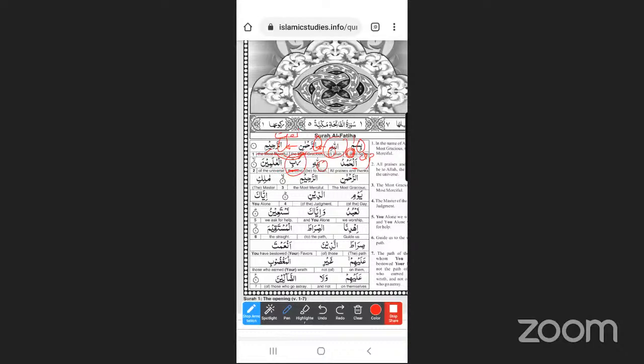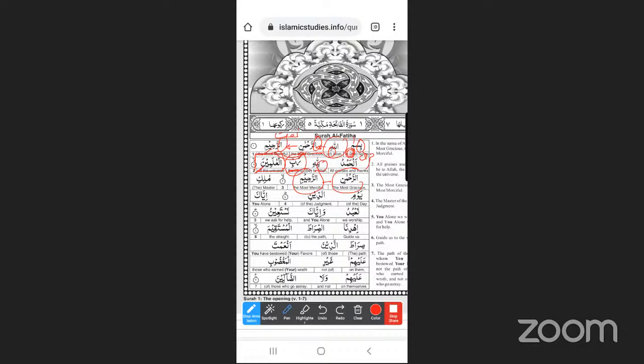It's Rabbil Alameen, Rabb of the Alam, so it's mudaf, mudaf ilayhi, and therefore there is a kasra over here. Ar-Rahman Ar-Rahim are both similar in gender, case ending, singular and masculine, and they are telling the quality of Rabb.